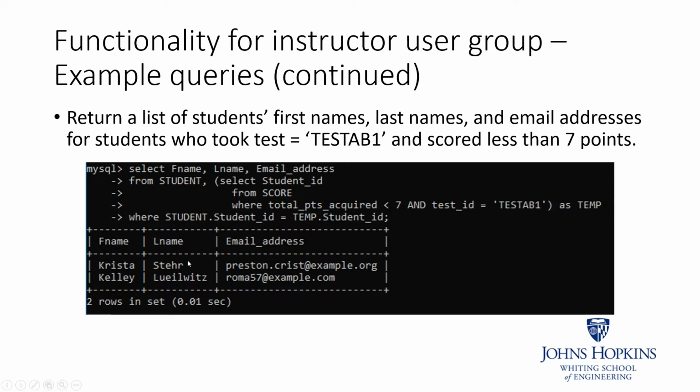So here's the SQL statement to do that. We're going to select first name, last name, email address from student table joined with temp table, where the temp table is defined with this subquery. And then we're looking for where the student ID in the student table is equal to the student ID in the temp table. And this is the results of the query. So two rows were returned.